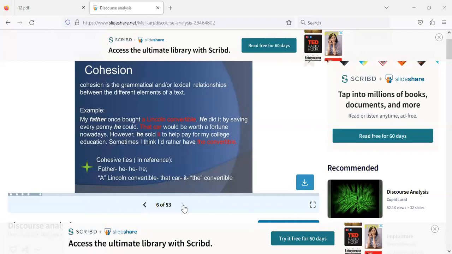Sometimes, nowadays, once. So they are related with time, right? Now you analyze. How many sentences are there in this text? Five sentences, right?